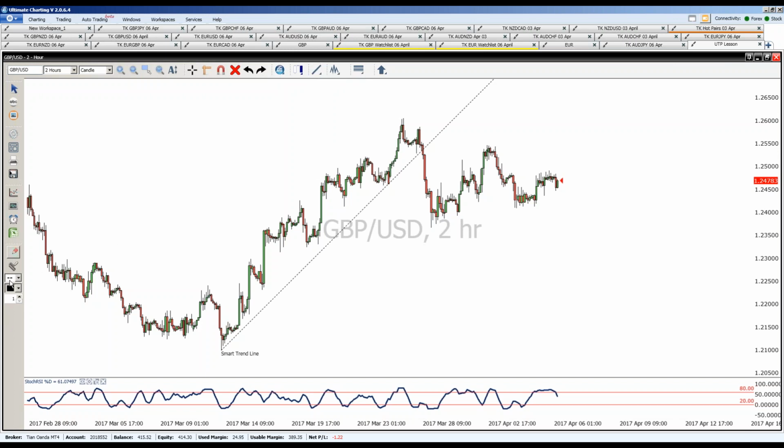There's our crown formation. Left tip, center tip, right tip, crown. Right. Left tip, center tip, right tip, crown. Beautiful.